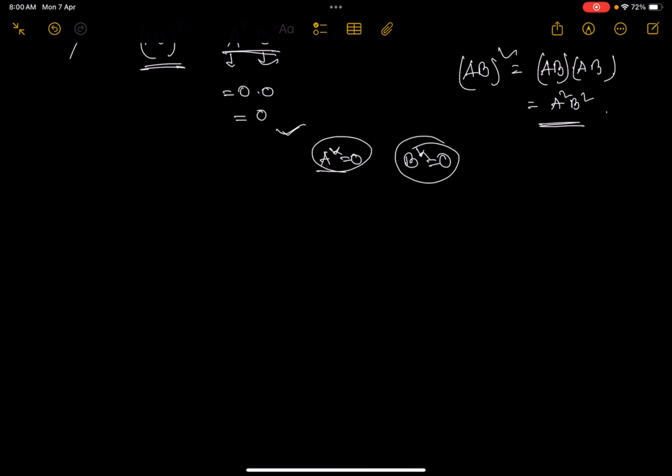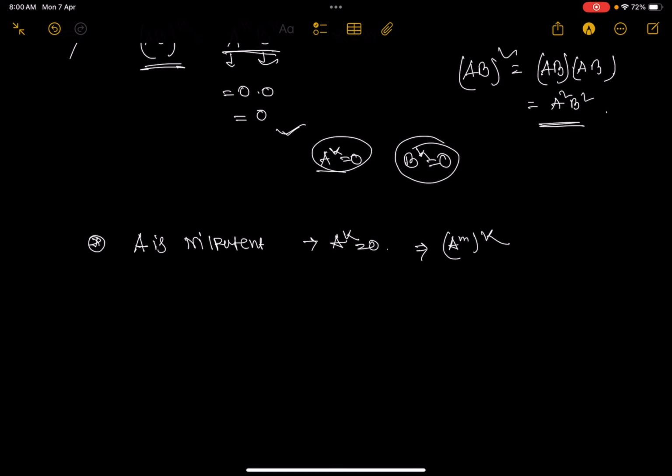Then we notice that A is nilpotent, the given condition. A is nilpotent, this implies that A to the power k equals 0.